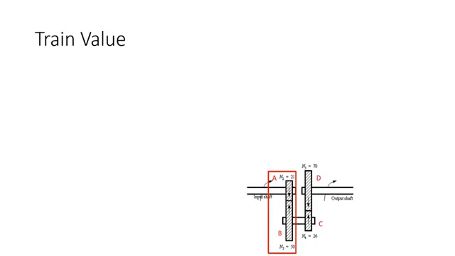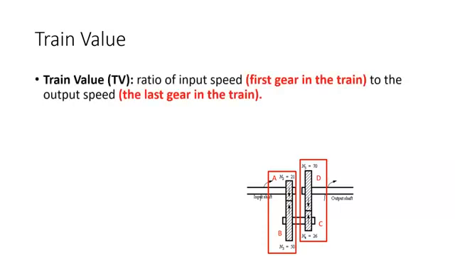So if you've got the first pair of gears with an input shaft, and then a second pair of gears which are connected, that is a compound gear train. The train value is the ratio of the input speed, what's going into the first gear, to the output speed of the last gear in the gear train.